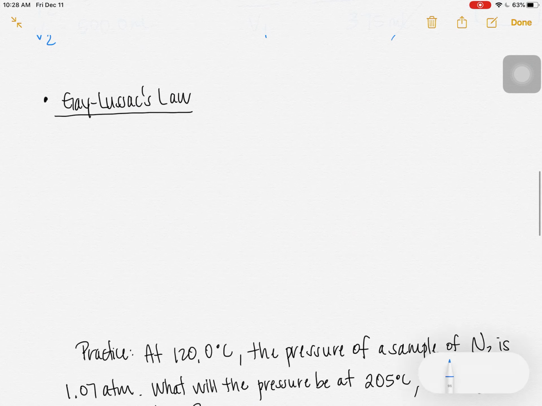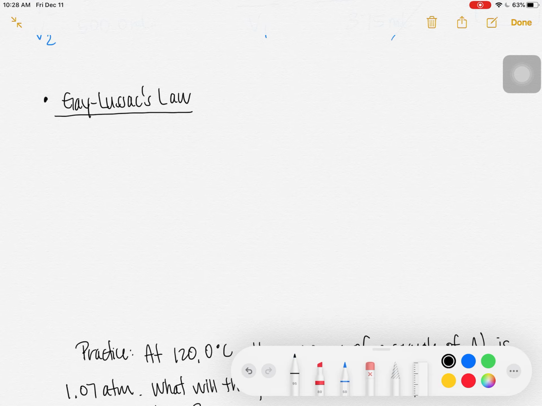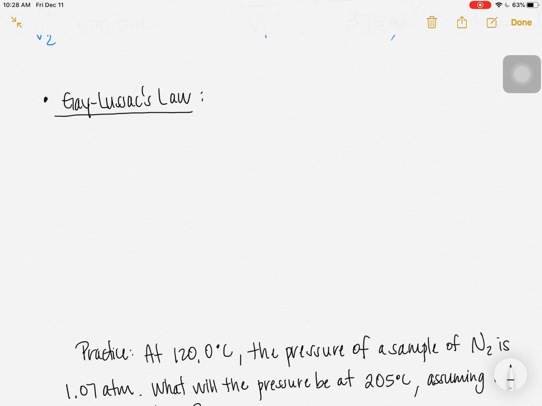Okay, so moving on. There's a third gas law, which is called Gay-Lussac's law.